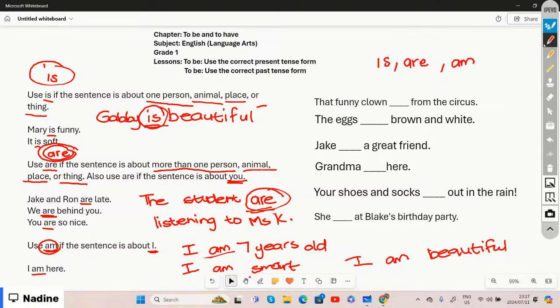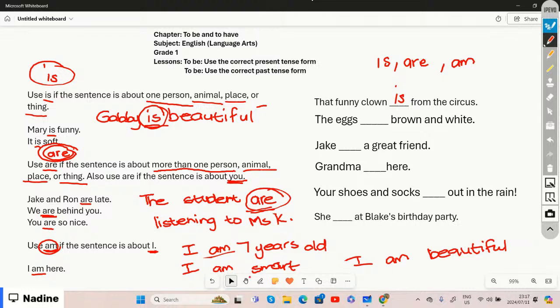Oopsie. So we say that funny clown is from the circus. So is our answer. So that funny clown is from the circus.